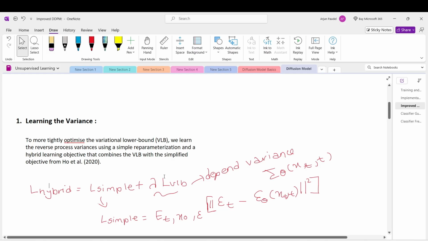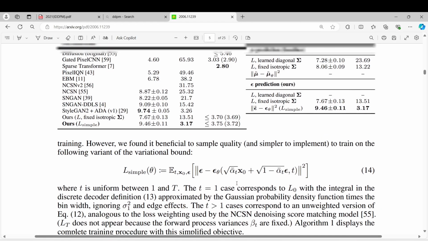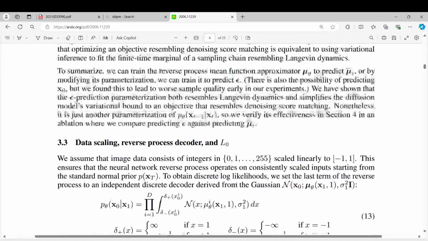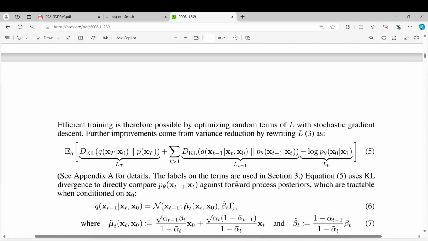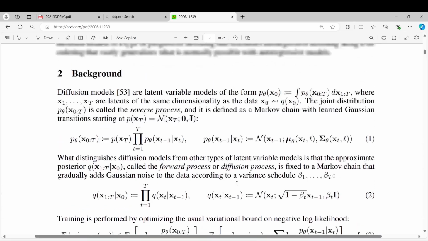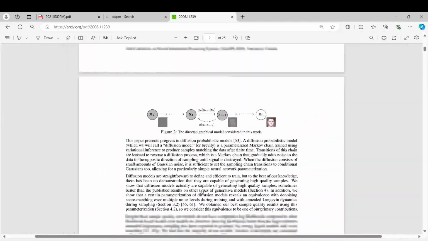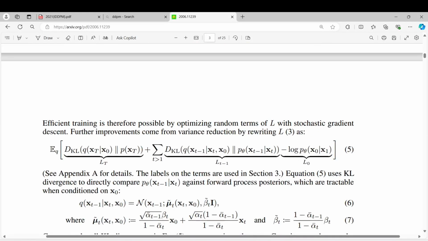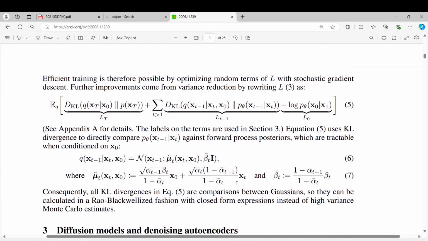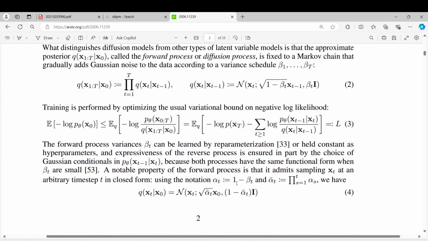Now we are going to L_VLB. L_VLB is a term. If you have watched the previous video, you can understand what L_VLB is, but I'm going to show you. This is used when they're optimizing training.